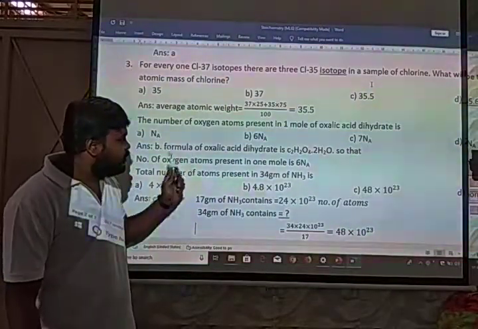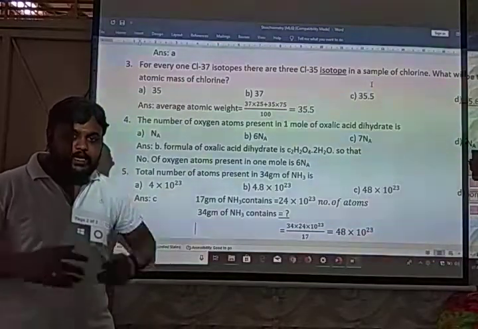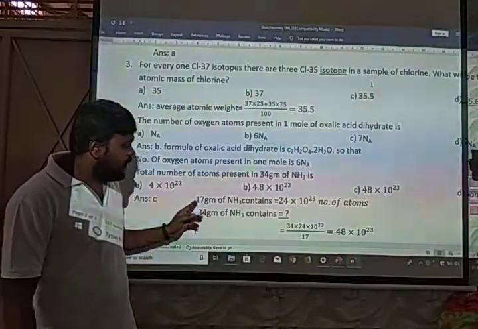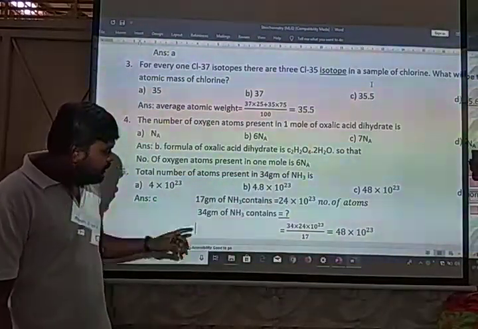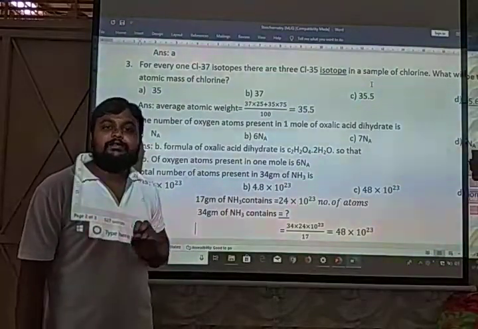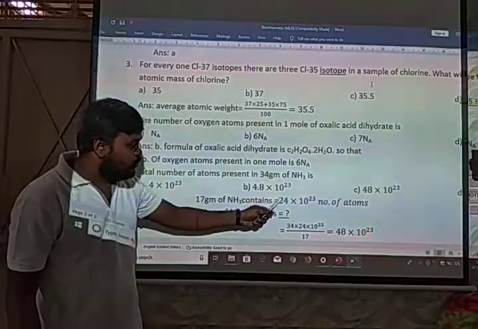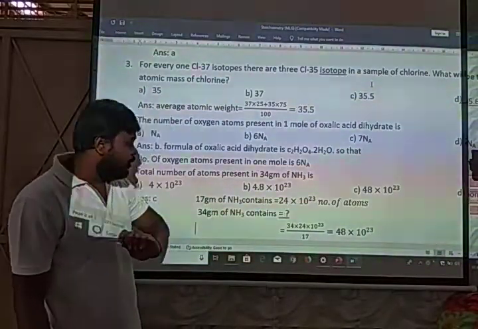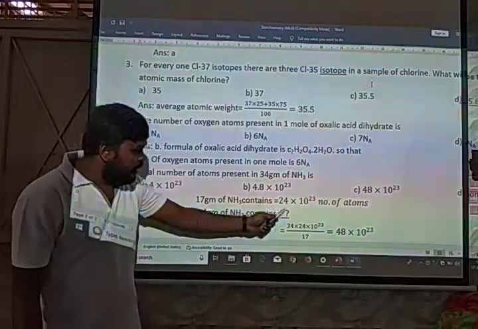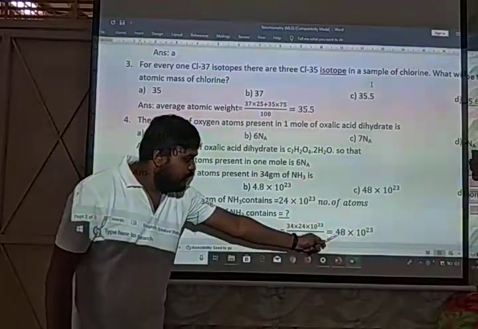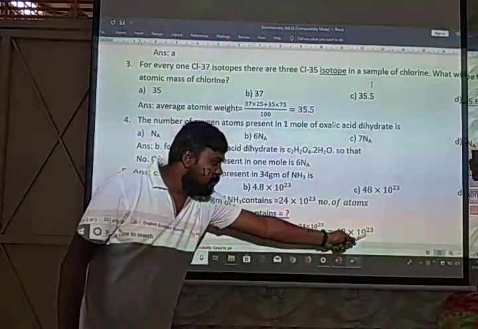By seeing the question itself, you can decide that. 17 gram, 1 mole, contains these many atoms, so 34 gram contains how many atoms? If you cross multiply, it becomes 34 into 24 into 10 to the power of 23 divided by 17. So you will get 48 into 10 power 23.